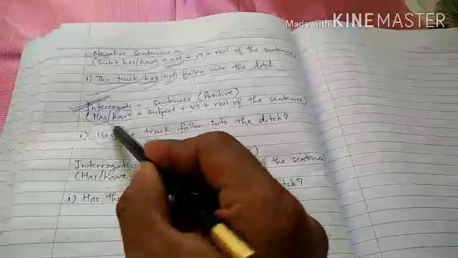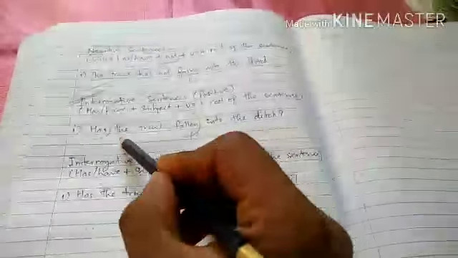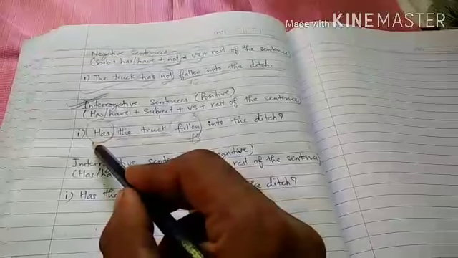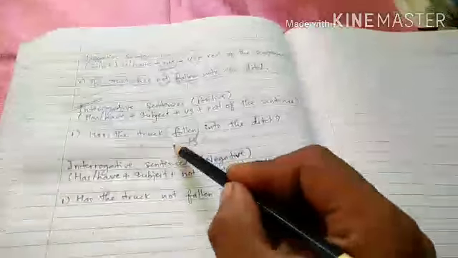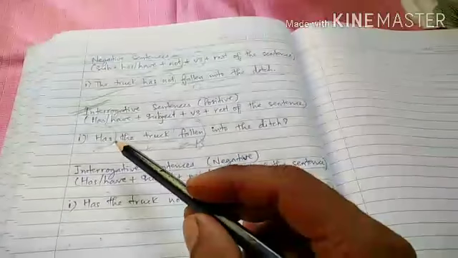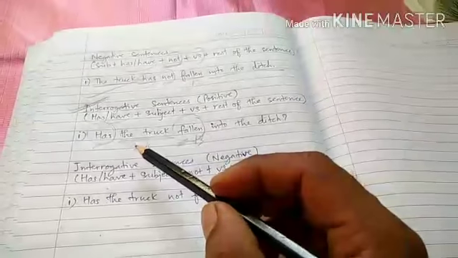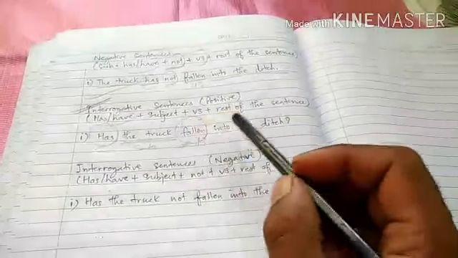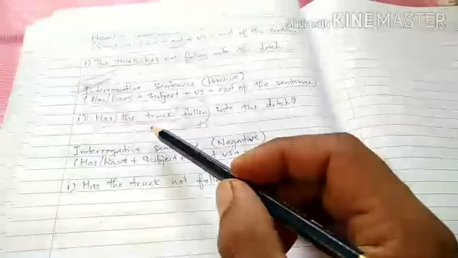Has, helping verb, fallen, main verb V3. The truck is the subject. The truck singular है तो has is used. So subject क्या है यहाँ पर? Helping verb और main verb के बीच में. There is a change in the place of the helping verb and the subject. Has the truck fallen into the ditch? This is the structure of positive interrogative sentence in the present perfect tense.